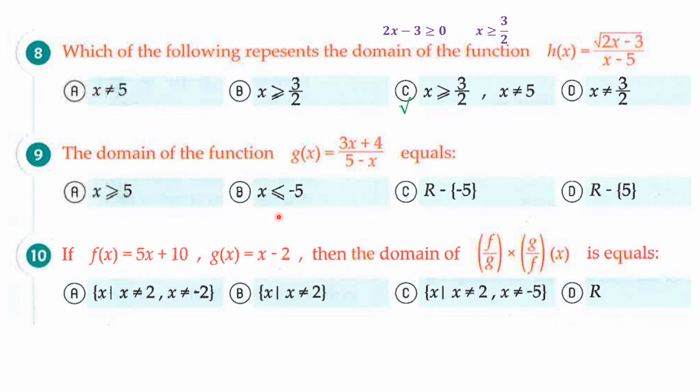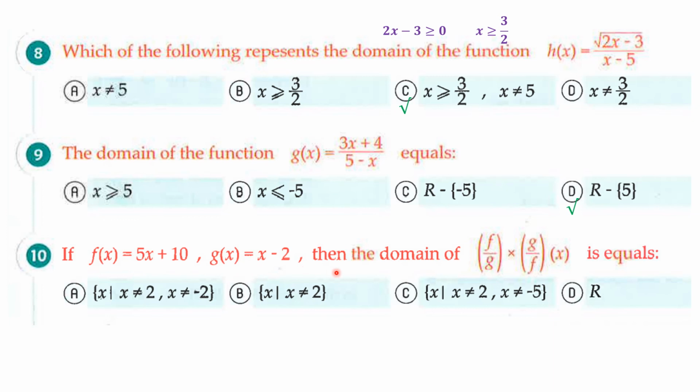I think it should be one of those: R minus negative 5 means all real numbers excluding negative 5, while R minus 5 means all real numbers excluding 5. Yes, it should be excluding 5 because 5 is the one that will cause a division by 0, so the answer is D.